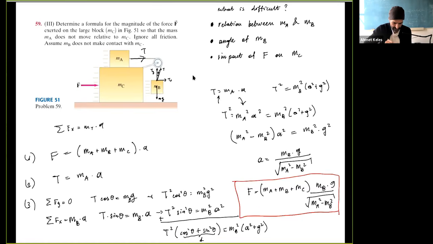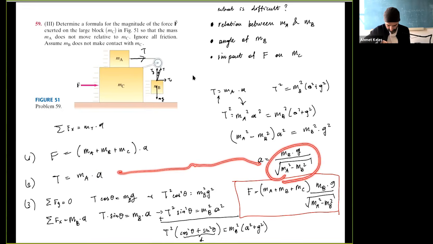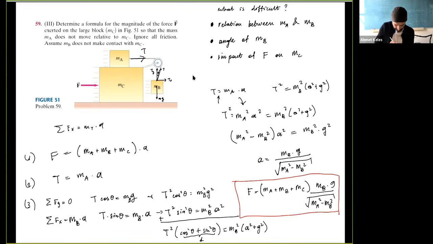Here in this case, T is equal to MA times A. And if you put in A, T is equal to MA times MB divided by MA squared minus MB squared times G, which is kind of nice, right?